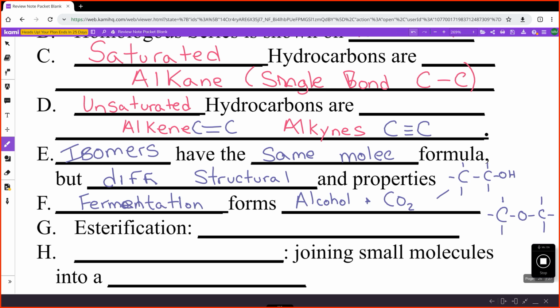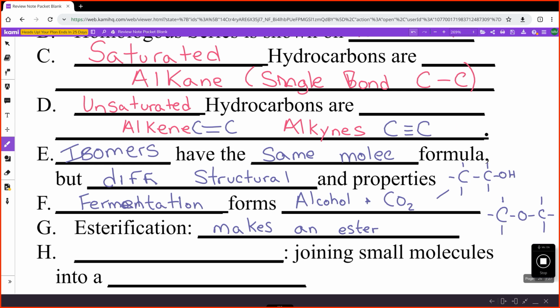Esterification, again, it's another easy one. All you have to do is look at the product. Esterification makes an ester. Now, there's a much more technical way to go about this.